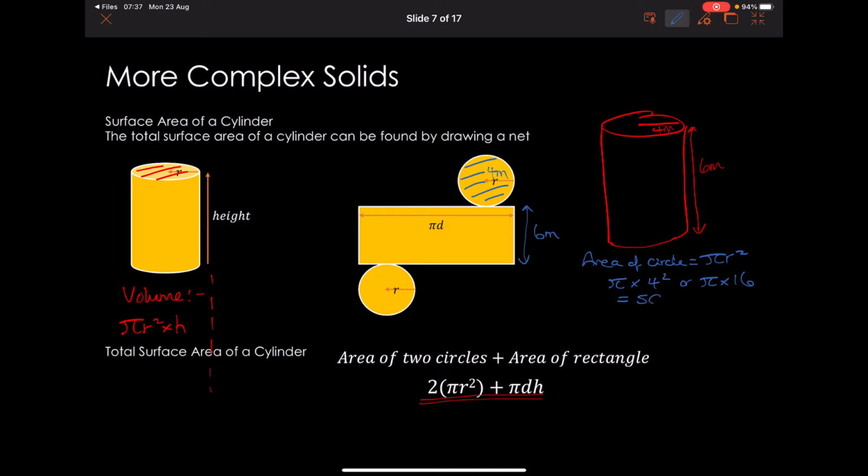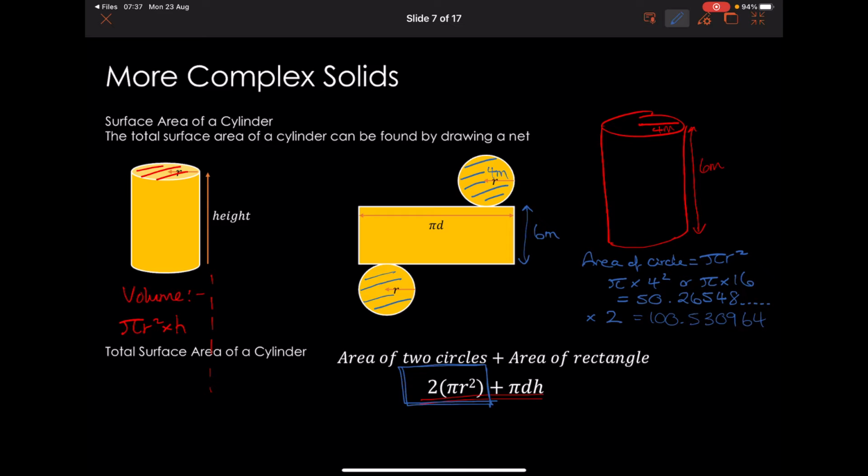is 50.26548, blah, blah, blah. I would then have to times that by 2 because I've got 2 circles, which is where you get this bit from, okay? So if I times that by 2, it gives me 100.530964.